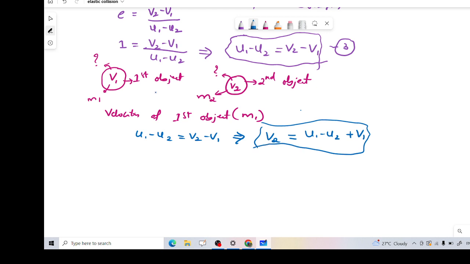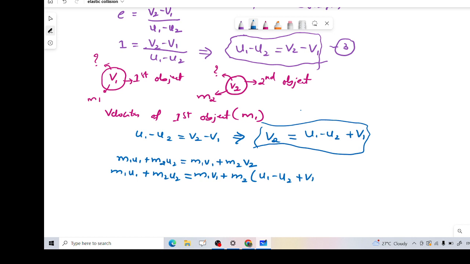Equation number 1 is m1 u1 plus m2 u2 is equal to m1 v1 plus m2 v2. In this equation I am putting the value of v2, so instead of v2 I can write u1 minus u2 plus v1.